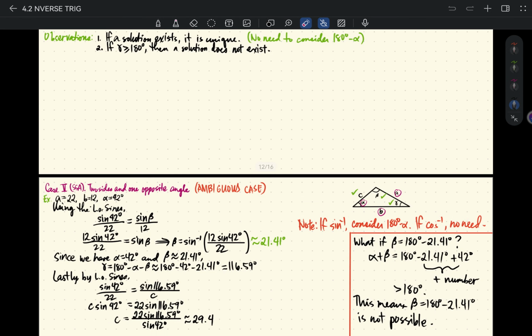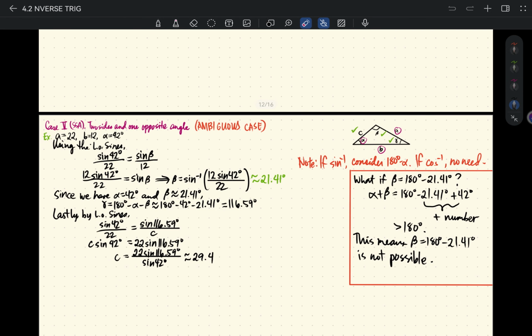So that's why in any case, so that you will not get confused, consider the first beta value that you obtained and the other one, 180 minus beta. And that's it for this topic. It's quite long since there's a lot of things that we had to consider. There are a lot of cases.